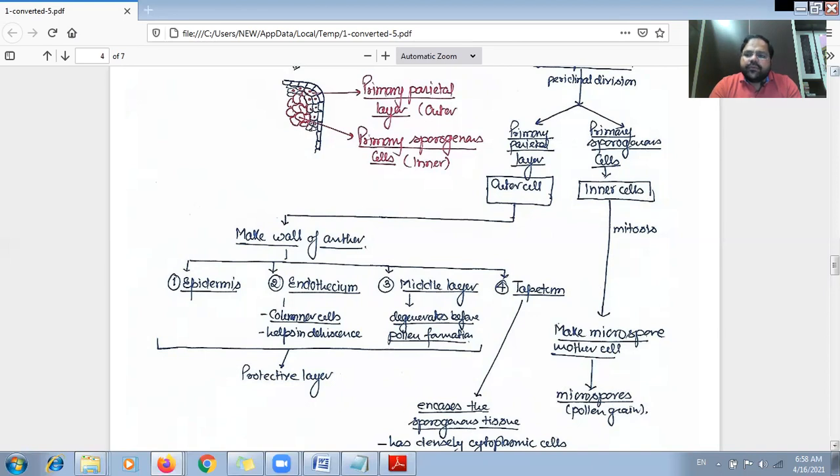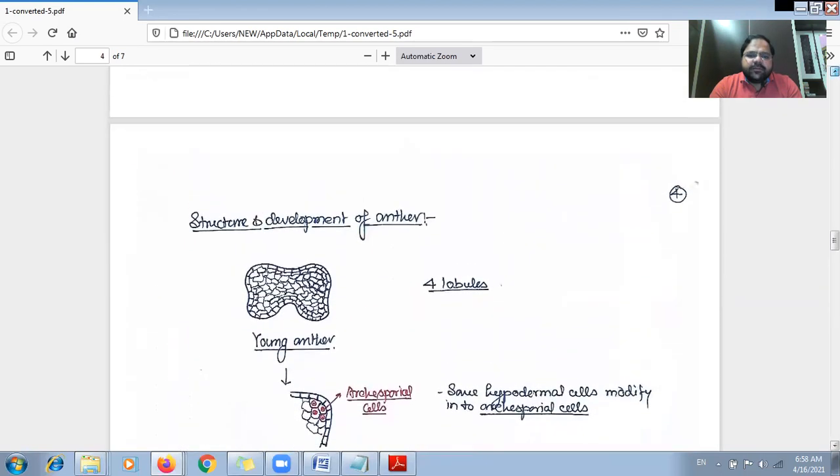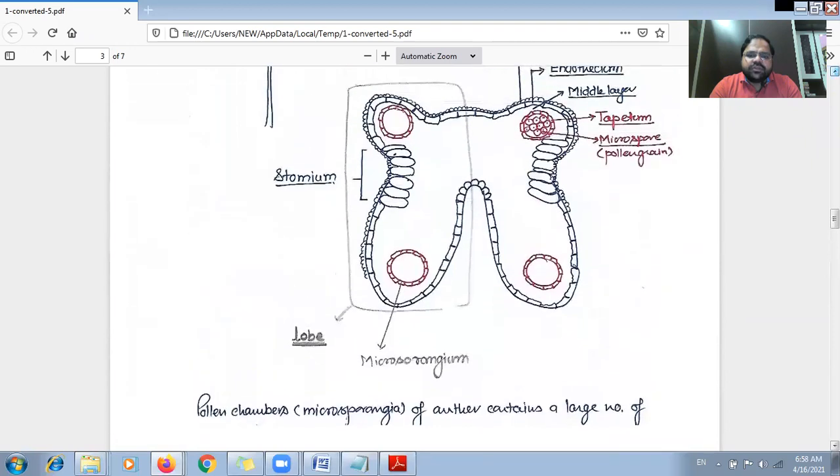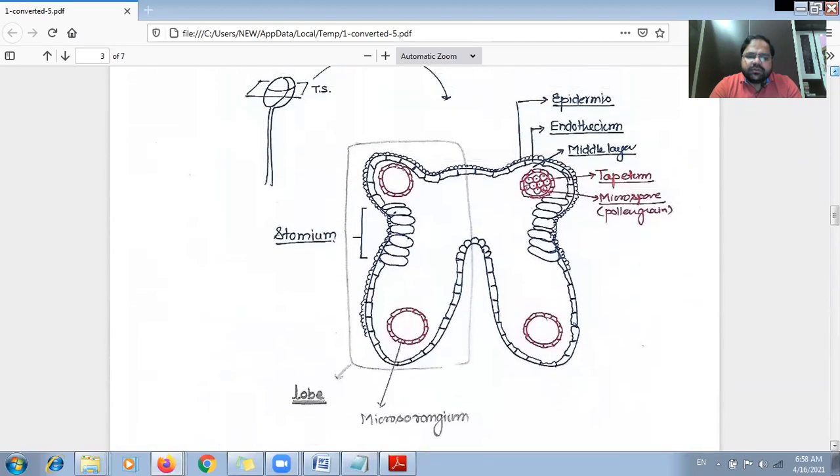Now we will understand the whole structure of the anther by this figure. We have already seen this figure, but to understand completely how the anther develops, we can look at this structure. This one is the fully developed anther. This one is the epidermis, then the endothecium. You can see there is a continuous layer called the endothecium, and this endothecium helps in dehiscence.